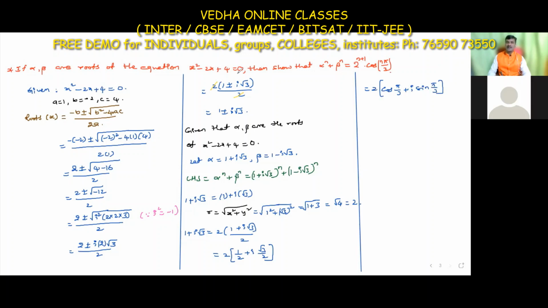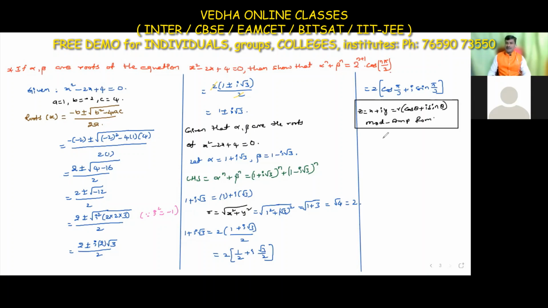This is in the modulus amplitude form. z is equal to x plus iy is r into cos theta plus i sin theta. So we converted into modulus amplitude form.